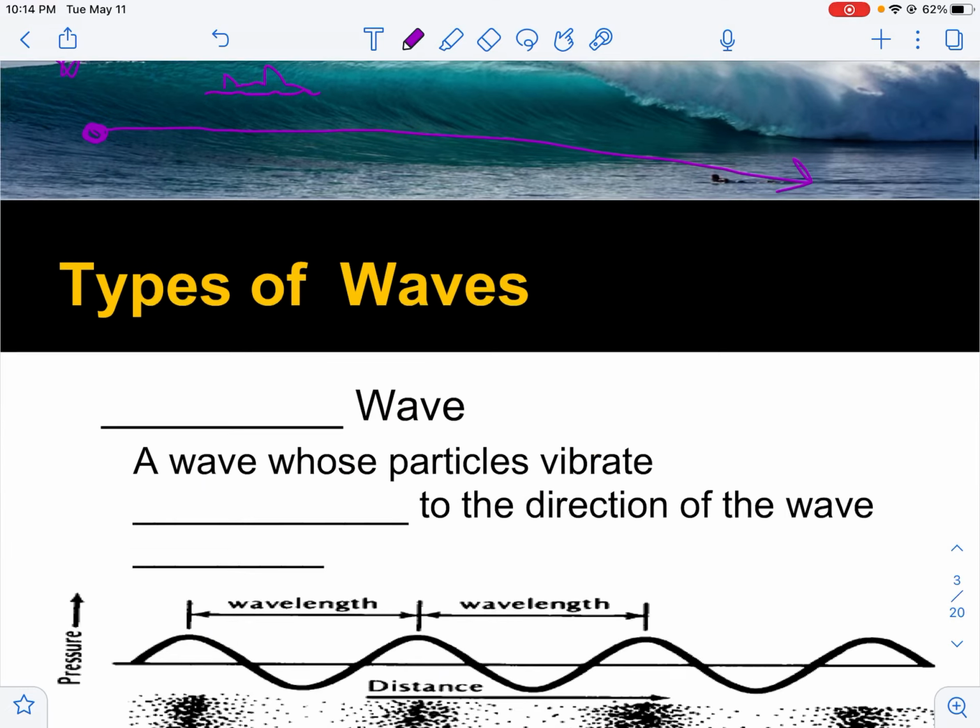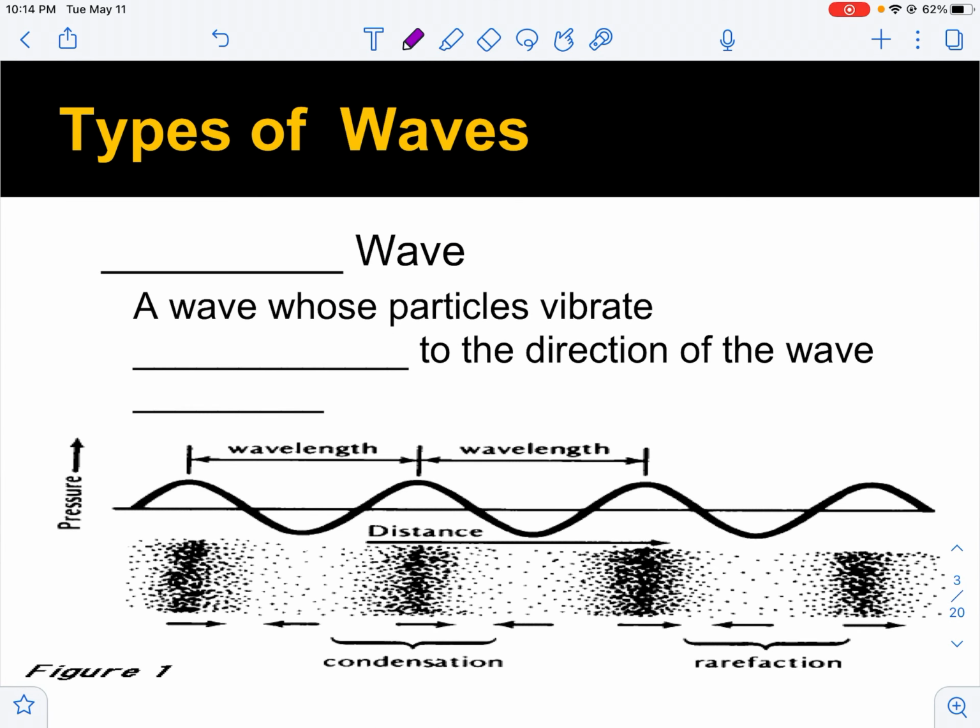Moving on. All right, so there's two major types of waves. The first type of wave is what is called a, one moment, oops, I just lost my PowerPoints. There we go. All right, I just want to make sure I'm spelling it correctly.